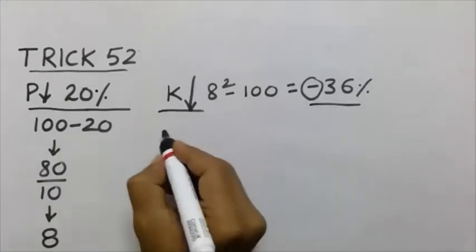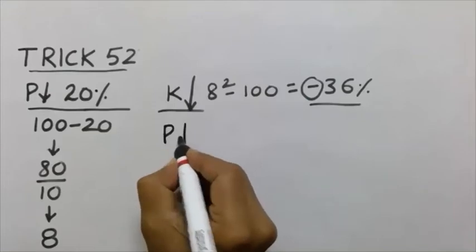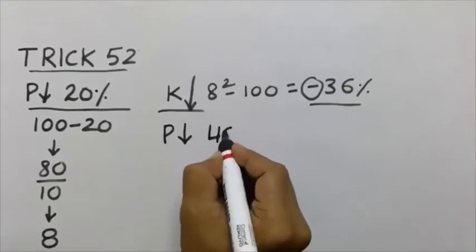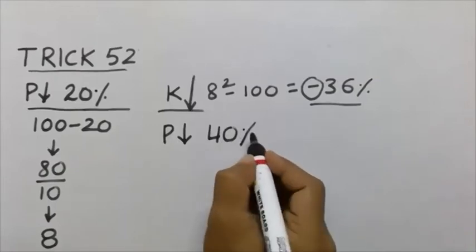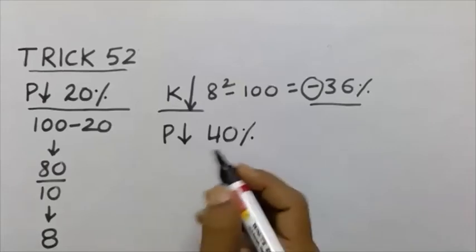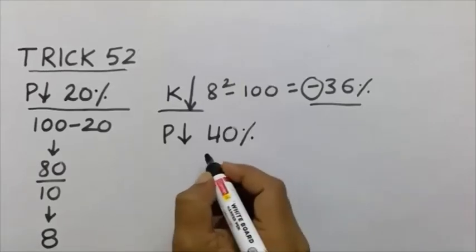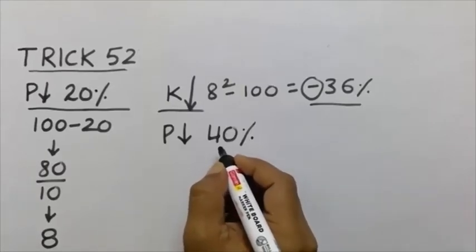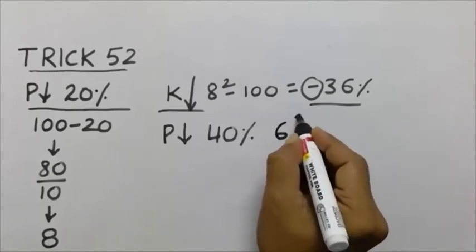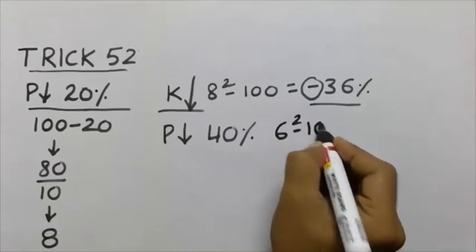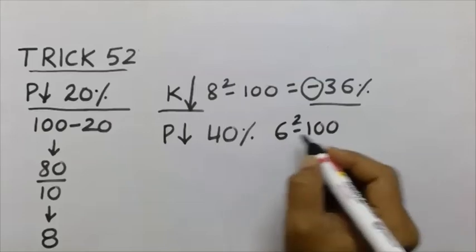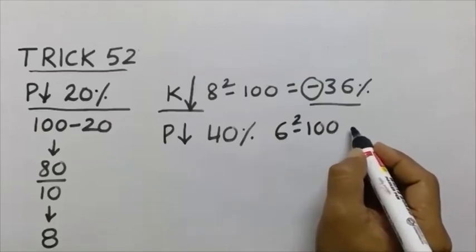Let us go with another example. If at all momentum decreases by 40%, what to do? Just now I told you, subtract this from 100. 100 minus 40 is 60. Divide this by 10. 6. 6 square minus 100. 36 minus 100 is how much?